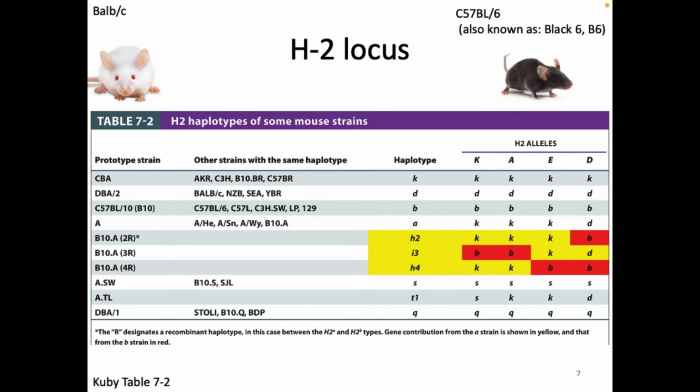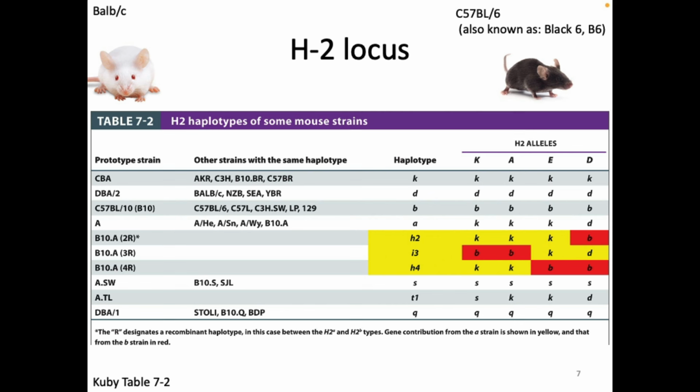So I was going to give you another kind of example, but let me give you that example too. So let's imagine I have my black 6 mouse that is H2B, and I have my Balb C mouse, which is H2D.